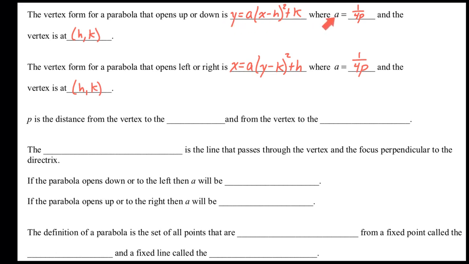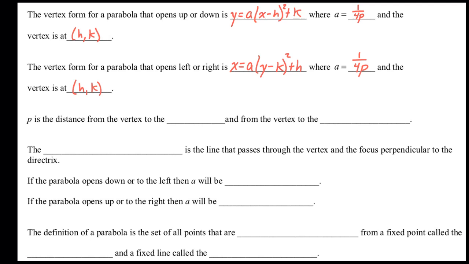Up if your a value is positive, down if your a value is negative. x equals, well, the x direction is the x-axis, which is side to side. So you can think of an x equals equation opening either to the left or to the right, which is side to side. If a is positive, it's going to open to the right. If a is negative, it's going to open to the left, and we'll fill that in here in a minute.